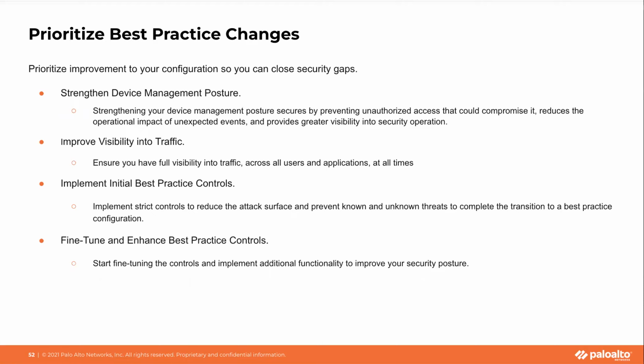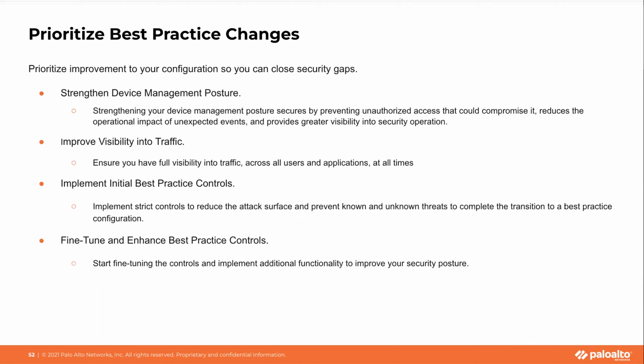It reduces the potential impact of unexpected events and provides great visibility into your security operations or Prisma Access day-to-day operations. You can follow the best practices for securing administrative access to prevent unauthorized, unsecured access to the device management interface. After you identify the gaps and configure those changes, run the BPA again to validate those changes.